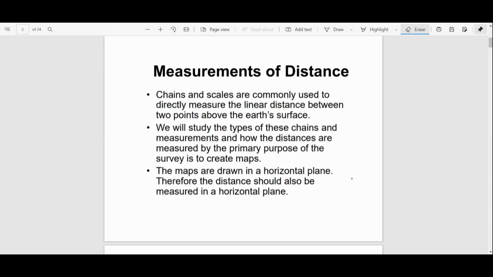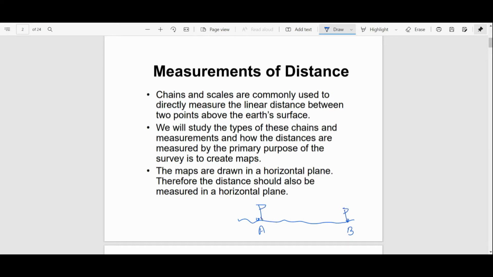So that is basically understood that when we want to calculate distance between any 2 points, at present time we use tape. Initially tapes were not there, so we used chain only. Suppose this is the ground and this is point A and this is point B, and we want to measure distance between this point and this point.